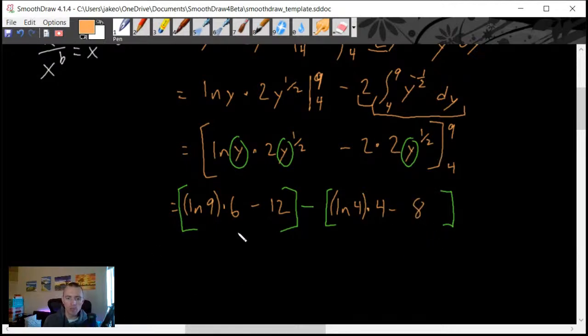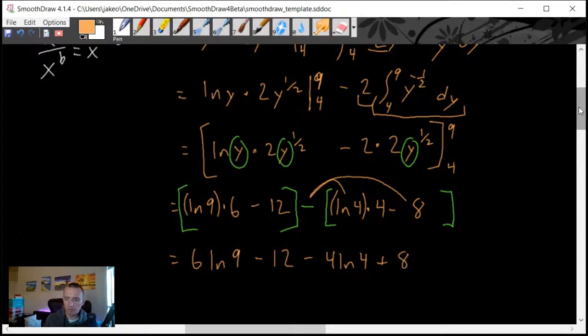Okay, so then we can simplify this. We would have 6 times natural log of 9 minus 12. This negative sign is going to distribute through the parentheses here. So we're going to get minus 4 natural log of 4 minus negative 8, which the negative and the negative will cancel, giving us plus 8.